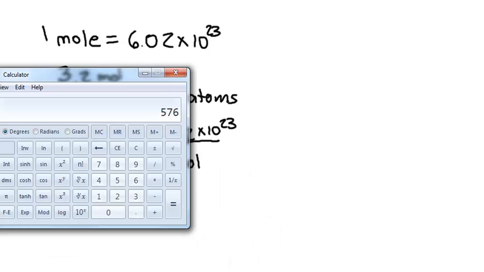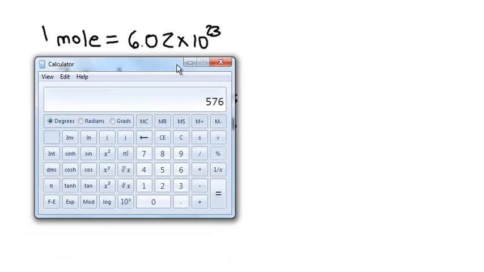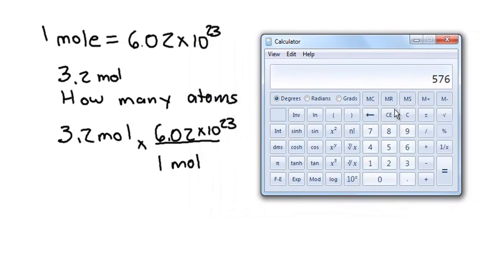And so to get that, 3.2 times 6.02 times 10 to the 23rd. Now notice this button, EXP, or in a lot of calculators it's EE, means times 10 to the. So you don't have to put in times 10 to the.